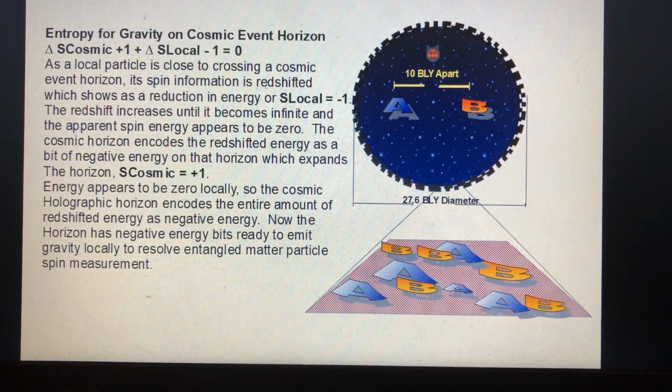Energy appears to be 0 locally from our perspective because of the extreme redshift. So the cosmic holographic horizon encodes the entire amount of that redshifted energy as negative energy because we see nothing, yet it still exists. That makes it negative. Now the horizon has negative energy bits ready to emit gravity locally to resolve entangled matter particle spin measurement.